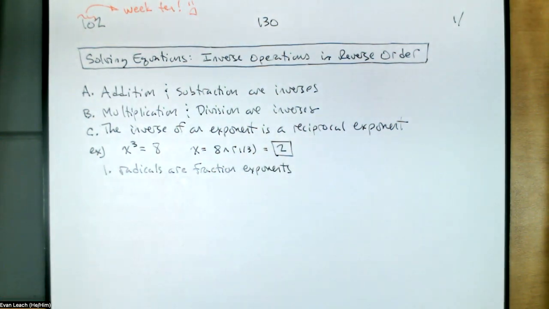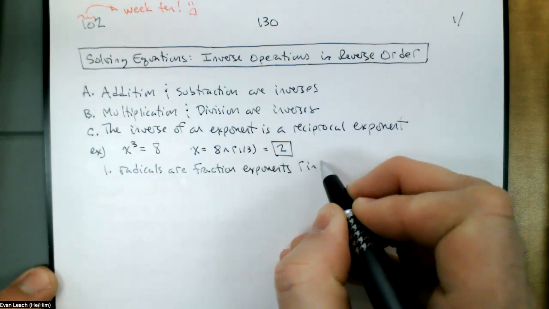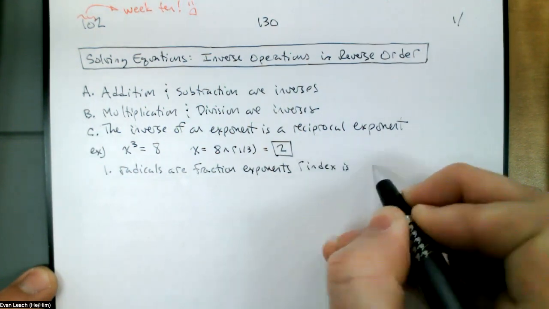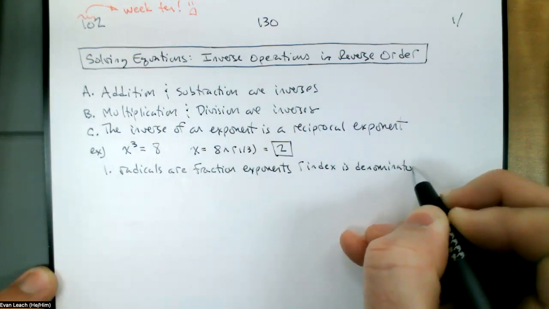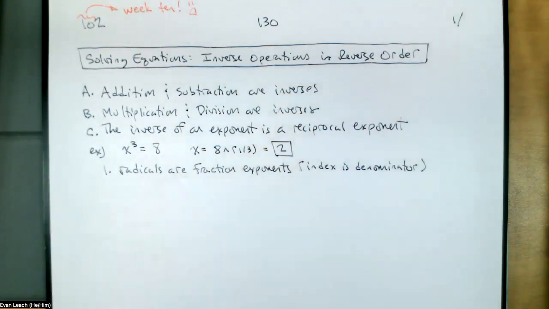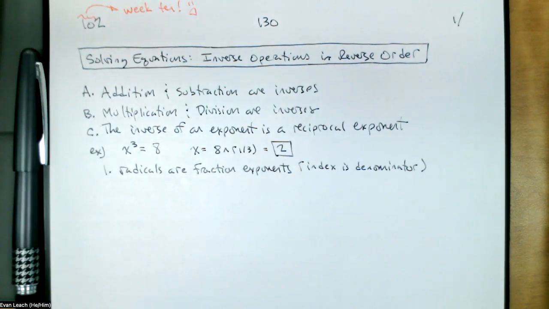Specifically, the index is the denominator. Radicals are fraction exponents. The index is the denominator.